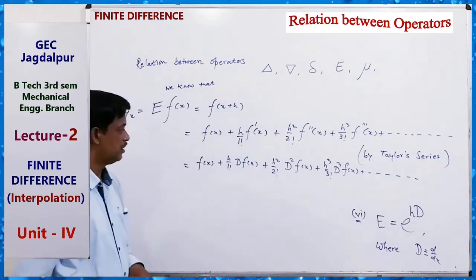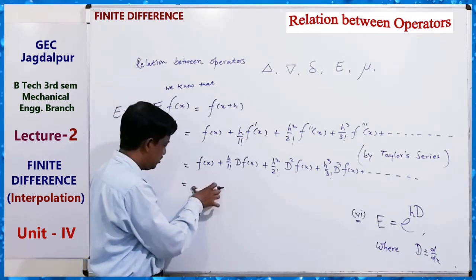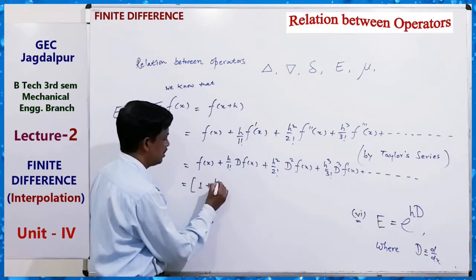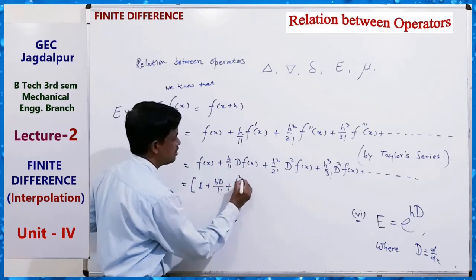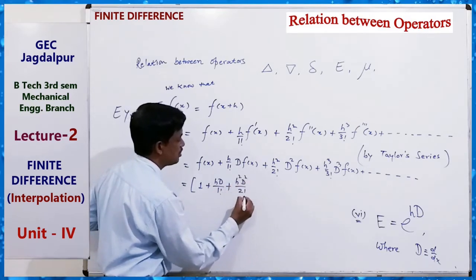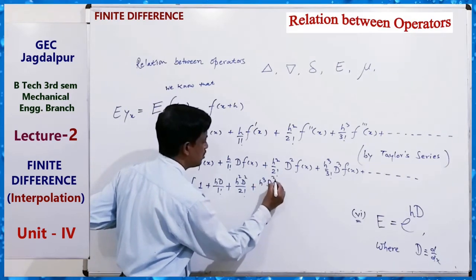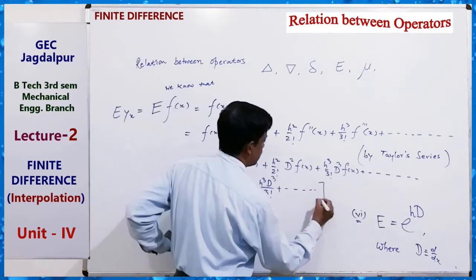Now this is equal to fx plus h upon 1 factorial times the derivative of fx, plus h square upon 2 factorial times the double derivative of fx. Clear? Now fx can be taken outside: 1 plus hD upon 1 factorial, plus h square D square upon 2 factorial, plus h cube D cube upon 3 factorial, and fx taken outside.